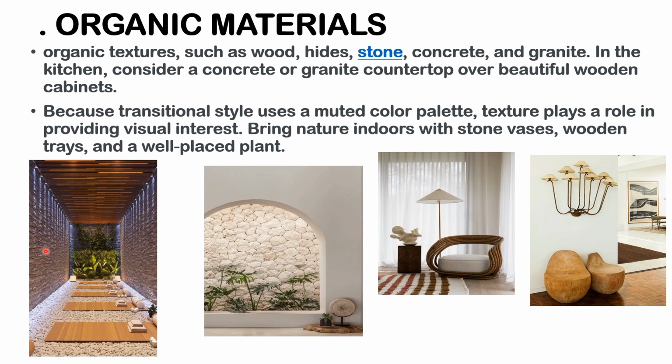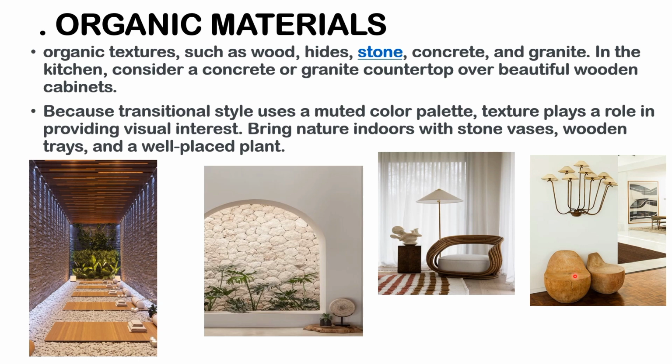Okay, this is again stone wall cladding. Again, your natural material like wood is used for the ceiling, and you can even have natural wood furniture. Okay, like this also, which is shown in this picture.